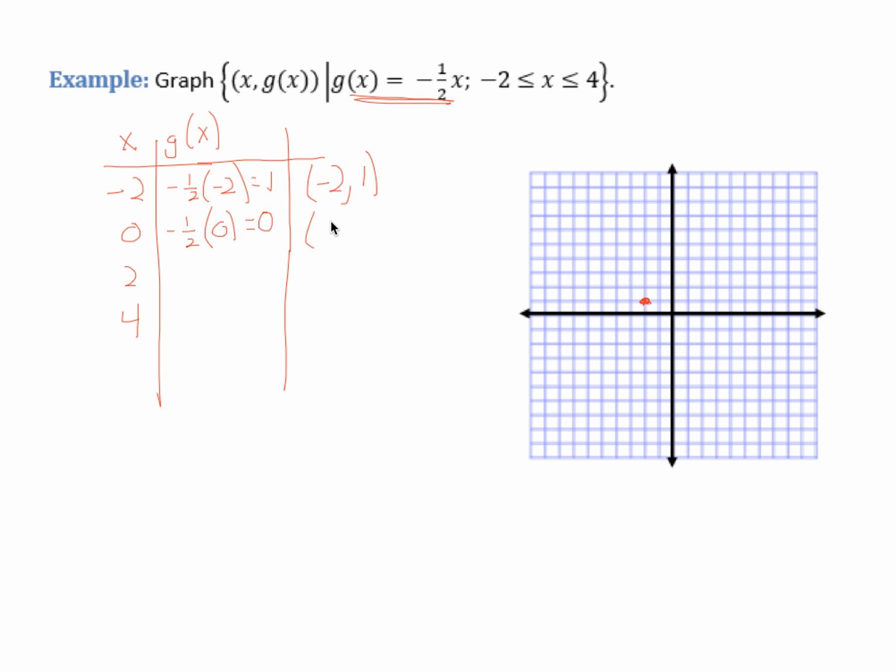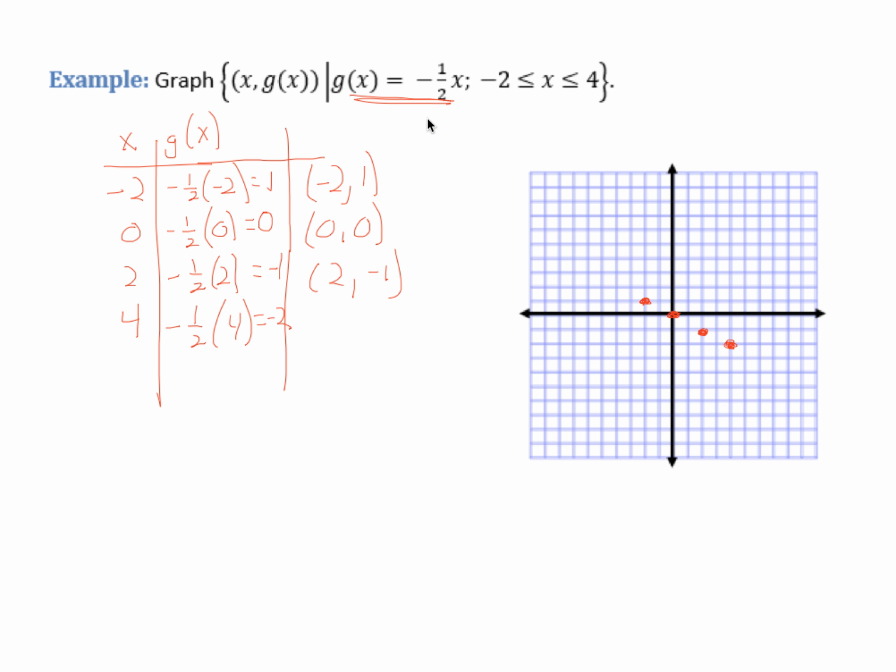So I have the point 0, 0. That's the origin. Putting 2 in, negative 1/2 times 2 is negative 1. So we have the point 2, negative 1. Looks like these are all right on a line here. So let's try 4 and see what we have there. Negative 1/2 times 4. Half of 4 is 2, but it's negative, so negative 2. We get 4, negative 2.